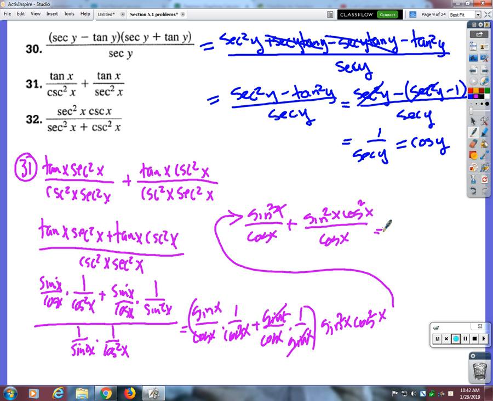That's not what I wanted at all. I wanted 1 minus cosine so that I could change it into sine. So this would end up being sine squared times 1 plus cosine squared over cosine.